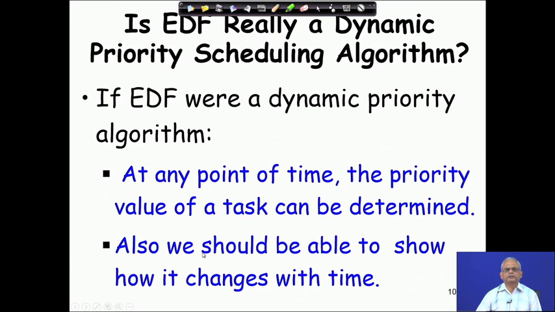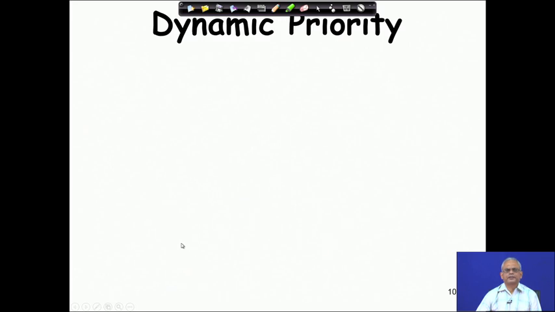Not only should we be able to calculate the priority of a task, but also we should show that it changes with time, then only we can call it a dynamic priority algorithm. But we have never said anything about some priority. How does priority change with time? So, how do we really call it a dynamic priority scheduling algorithm? Let us see the answer.